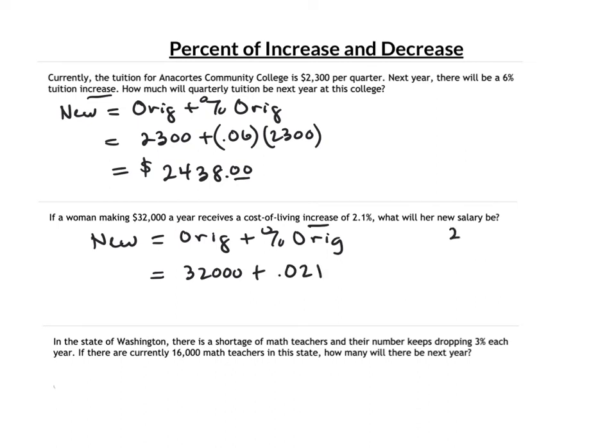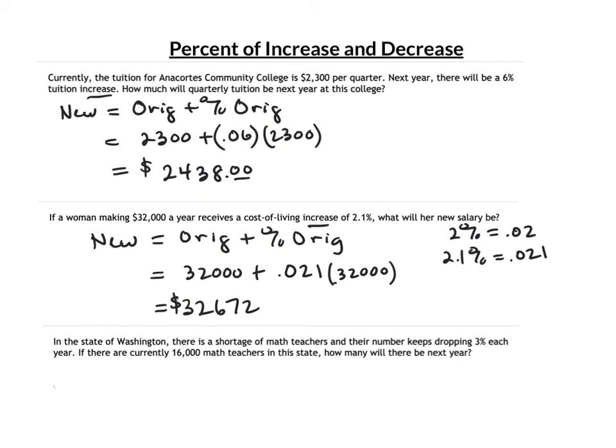Remember that 2% is 0.02. 2.1% then is 0.02, the same, but a 1 after. So I need my original again, 32,000, and punch that in the calculator. Her new salary will be $32,672.